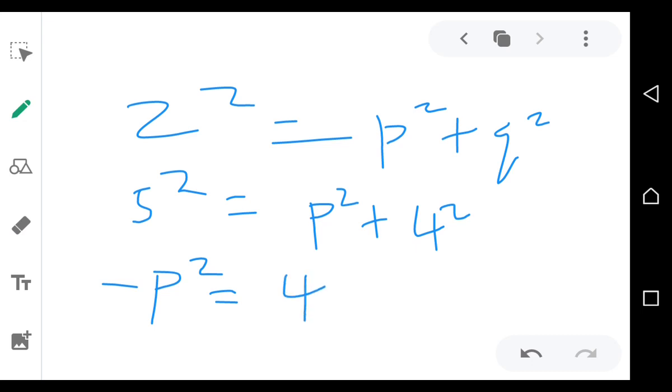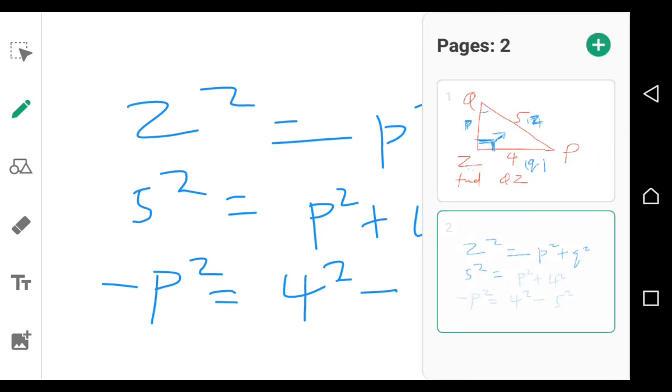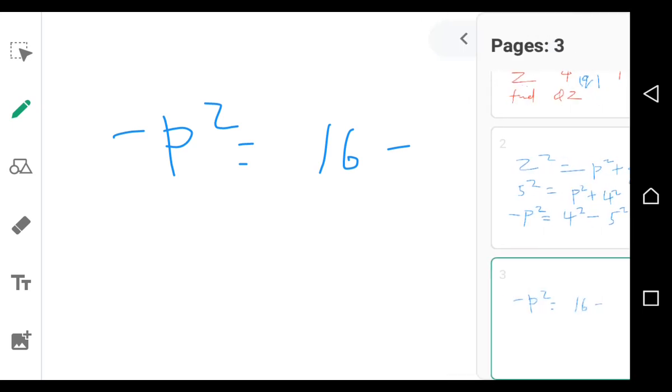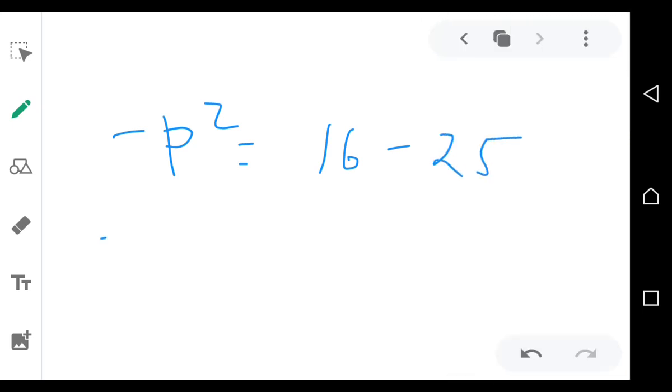What do you have? 4 squared minus 5 squared, since it crosses the equal sign and becomes 5 squared the other side. So negative P squared is equal to 4 squared, which is 16, minus 5 squared, which is 25. So negative P squared is equal to 16 minus 25, which is negative 9.